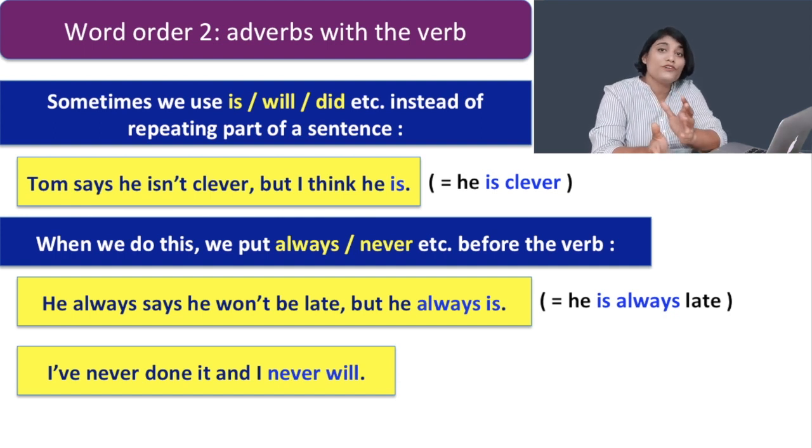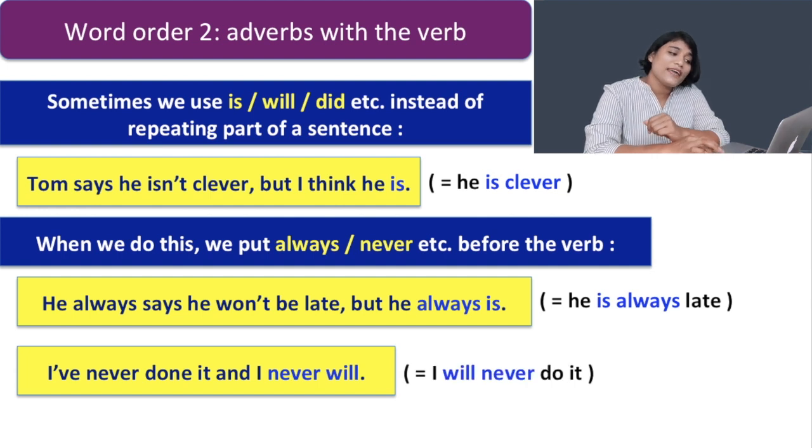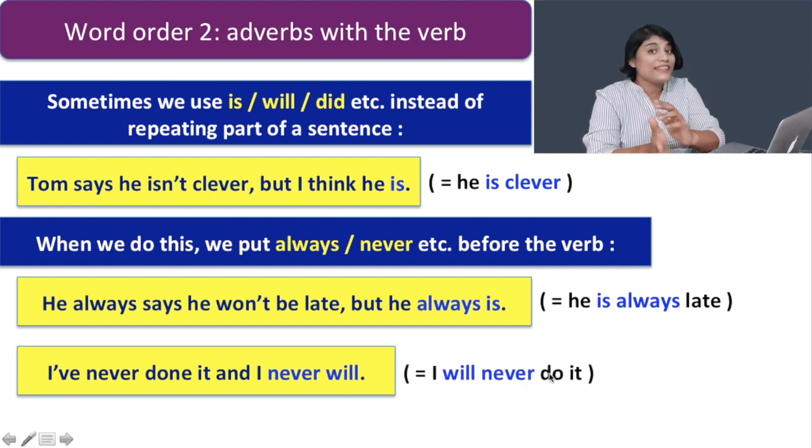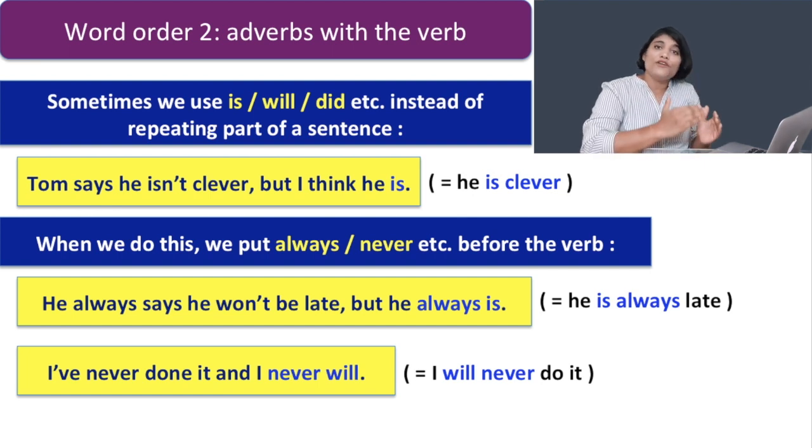So you have to put never before that auxiliary verb. Instead of saying I will never do it, if we only use the auxiliary verb, you have to use never before will, that is, I never will.